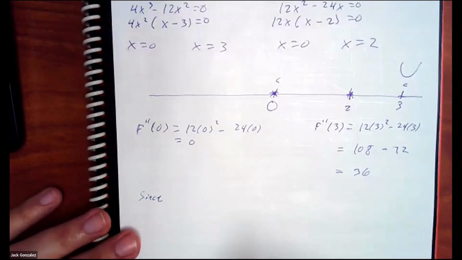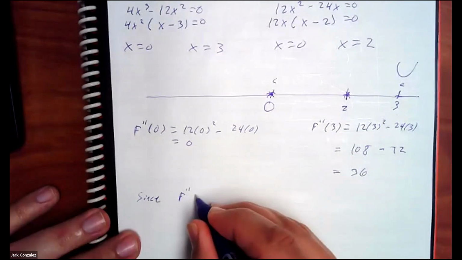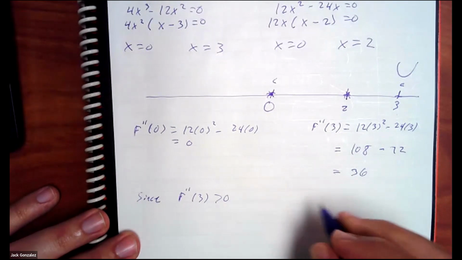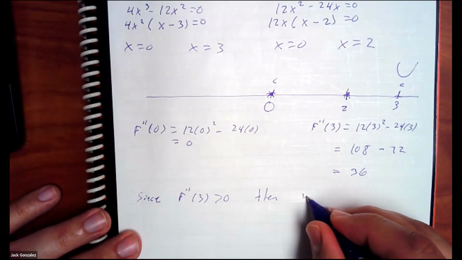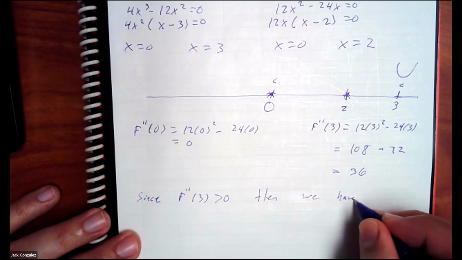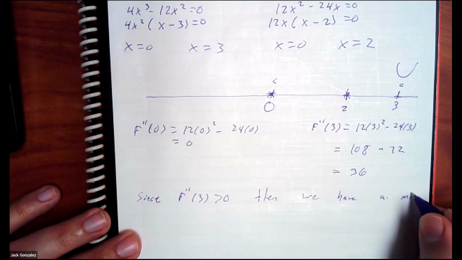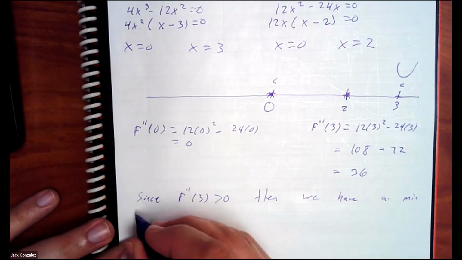So since f double prime at 3 is greater than 0, then we have a minimum because it's concave up.